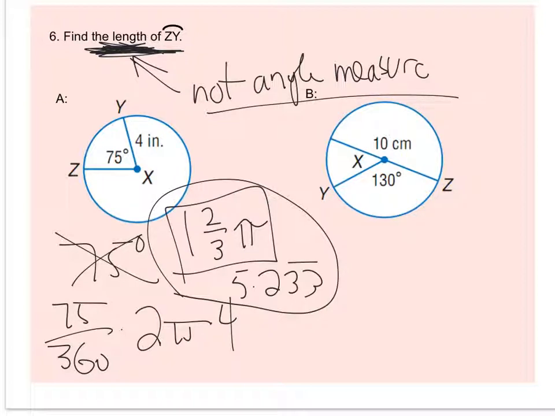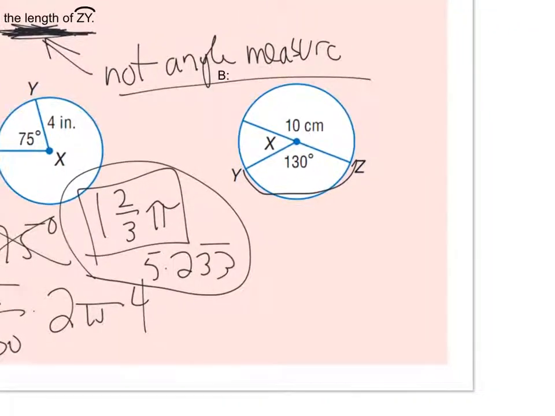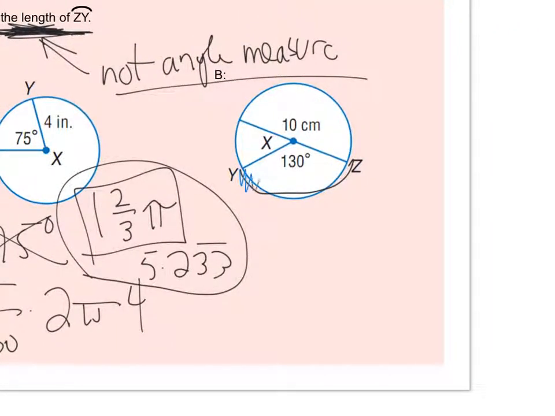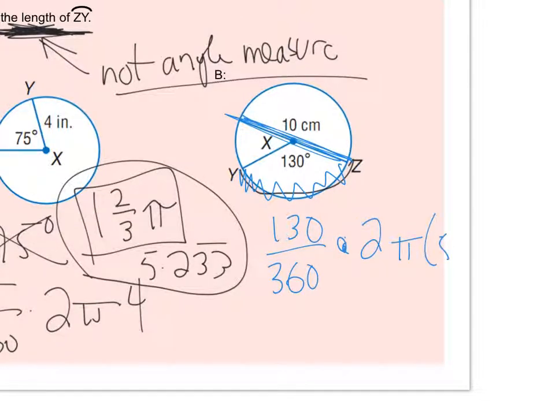So for here, figure out the length of ZY. Now let's change color. That's going to be 130 over 360 times, now diameter is 10, but I want the radius, so 2 pi times 5.